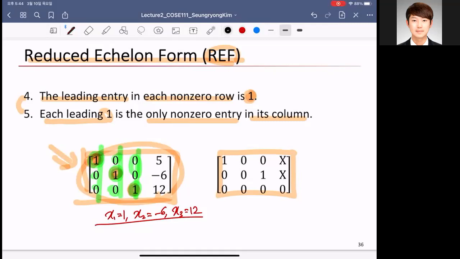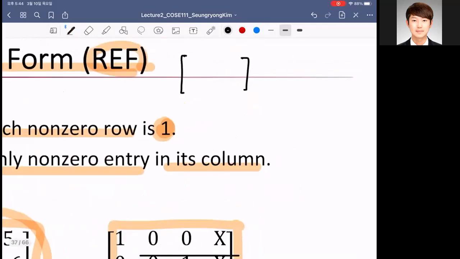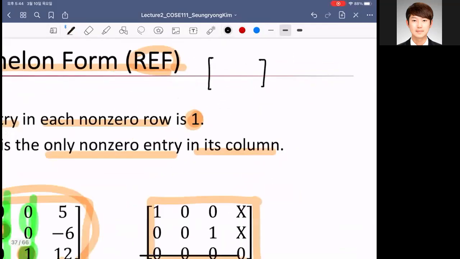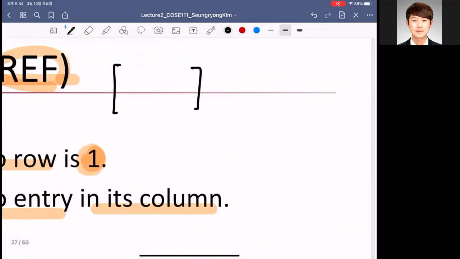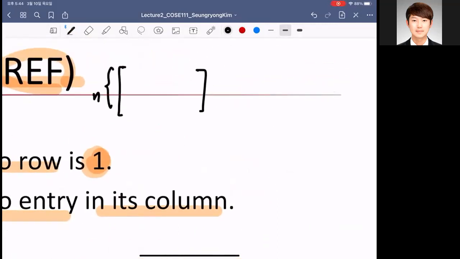In other words, let's suppose that we have an original augmented matrix consisting of n rows and m columns. We already talked about row operations: replacement, interchange, scaling, right?